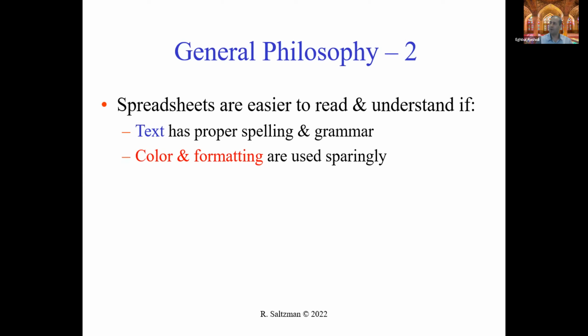Actually, you want to have a description for your model, and you make a mistake in the description. You can use color and formatting, but only for the sake of making the model more readable. Do not use too much formatting and too much color. Do not use color or formatting as a decorative method.